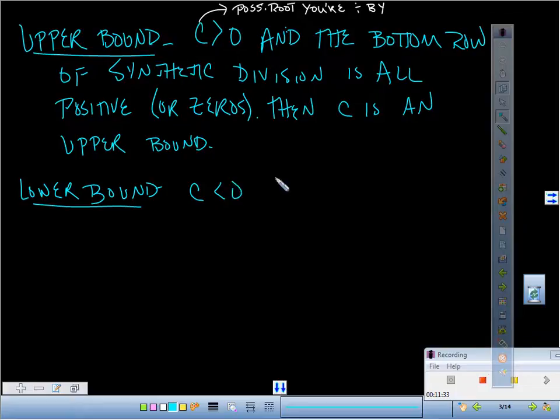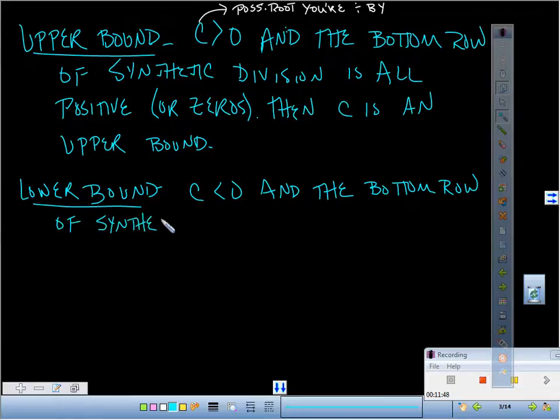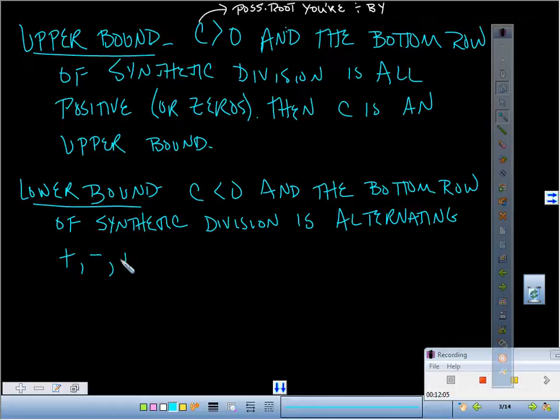C is going to be less than 0, and the bottom row of synthetic division is alternating, not all negative, but alternating, plus, minus, and on like that.